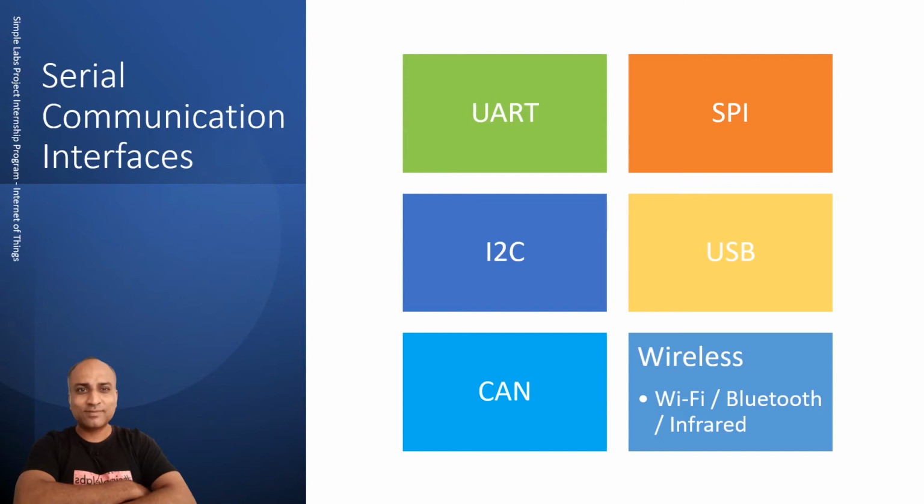We have CAN, Controller Area Network, which is a communication interface used extensively in automobiles. And then we have wireless communication: Wi-Fi, Bluetooth, infrared. All of these are serial communication interfaces. They all send out data serially, but they might have additional lines for synchronization and data verification.